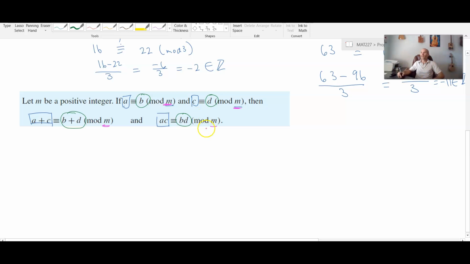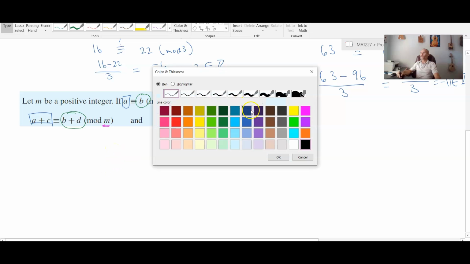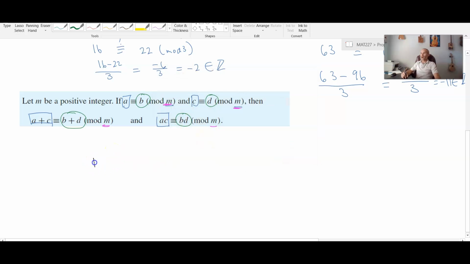Now you can appreciate this if we would, for example, try to write that, is it the case that, for example, 12 is in fact congruent to 15 mod 3? Which is a true statement because 12 minus 15 is negative 3, and negative 3 divided by 3 is equal to negative 1, and that's an integer.